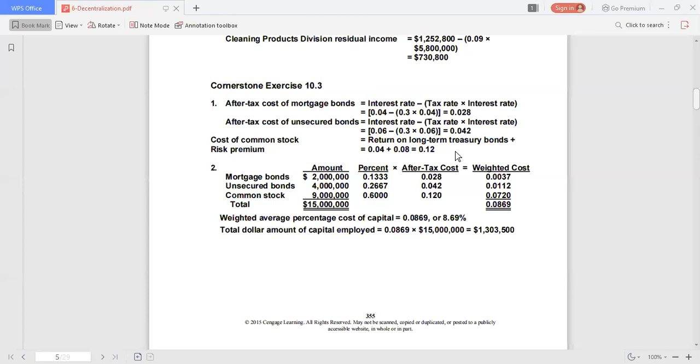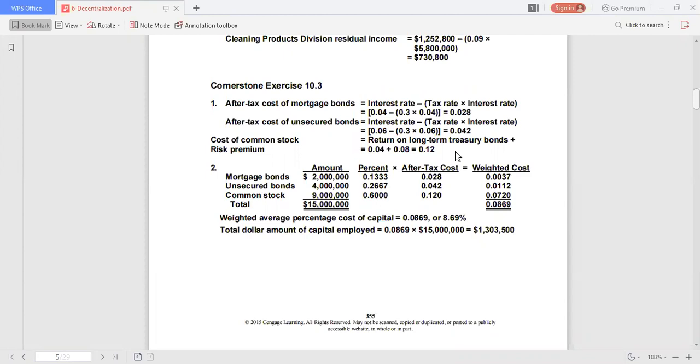So that's taken by multiplying the interest rate of 4% by the result of multiplying the tax rate times the interest rate. So actually you have 0.04, and then we have now 0.012. You get 0.028. That's your amount of after-tax cost of mortgage bonds.